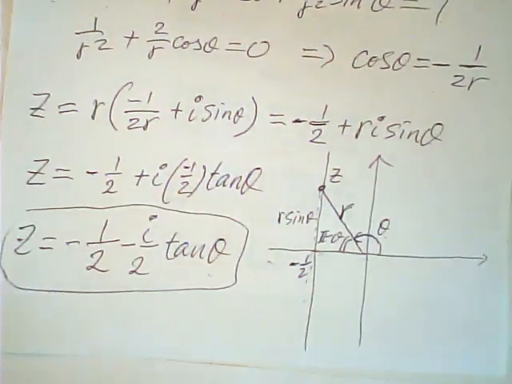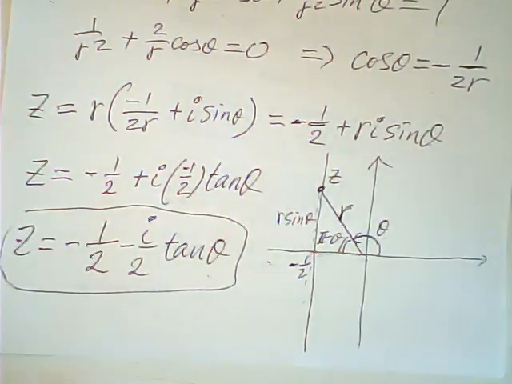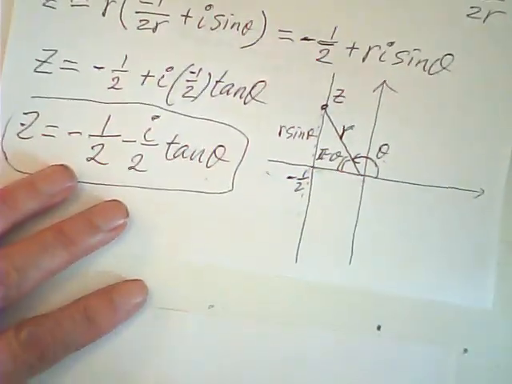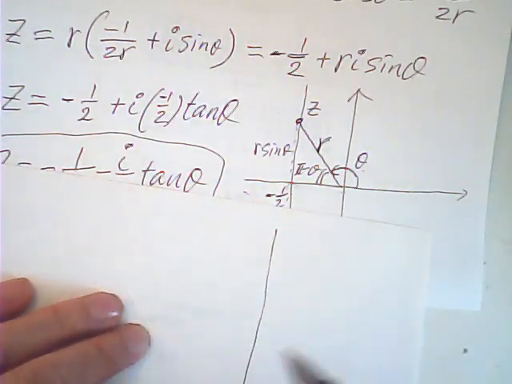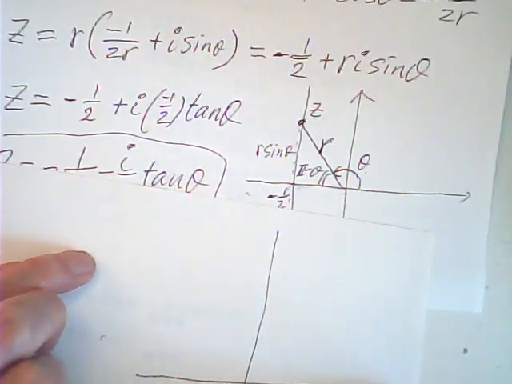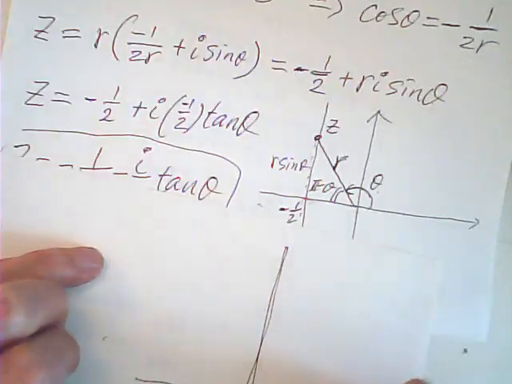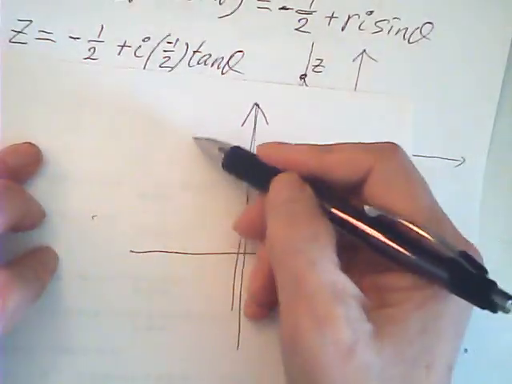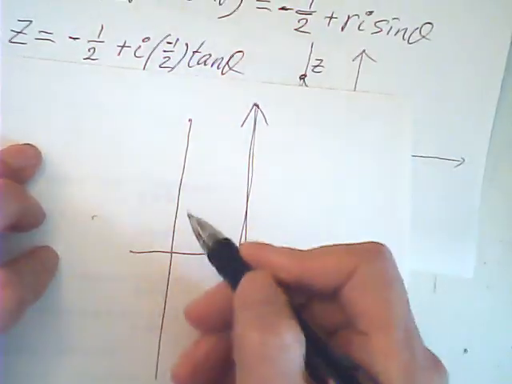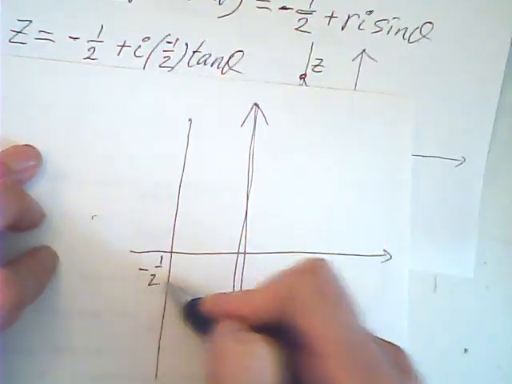Now let me draw a better picture, a big picture. This is the imaginary axis. This is negative half.